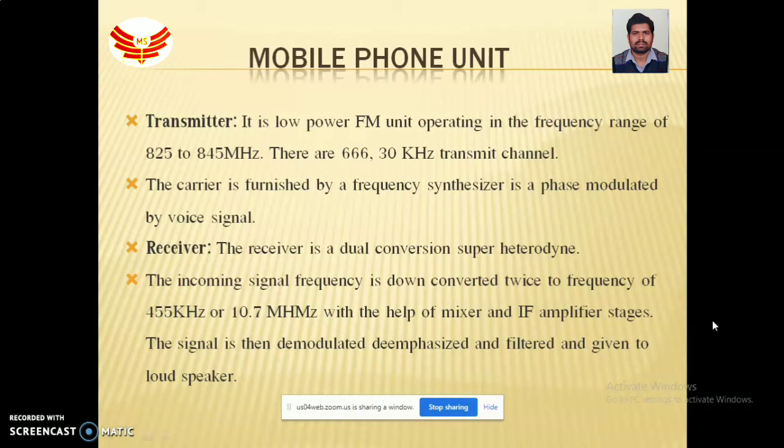On the other hand, when a signal is received, the duplexer routes it to the receiver input and isolates it from the transmitter output. So this is all about the transmitter.